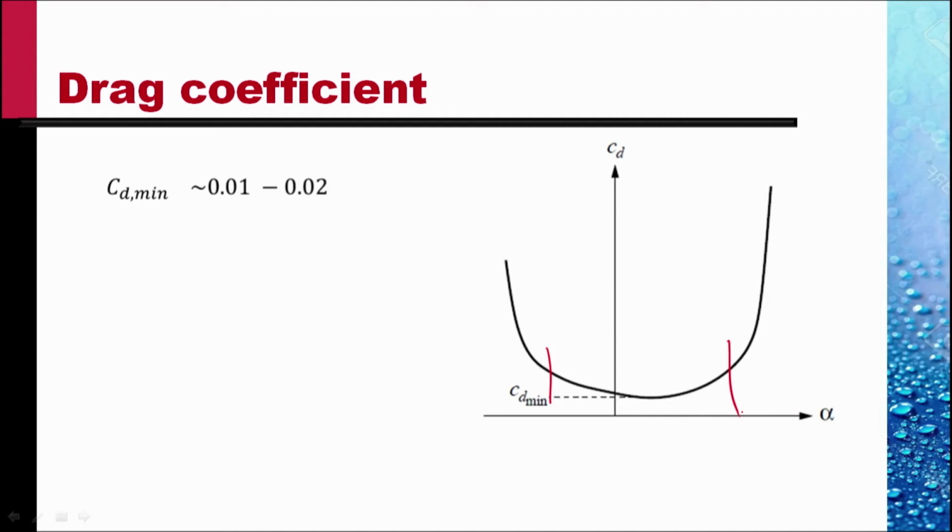There is a large range of alpha in which CD is small, and beyond that it rises suddenly. This is when the stall occurs and a large wake results, causing large drag.